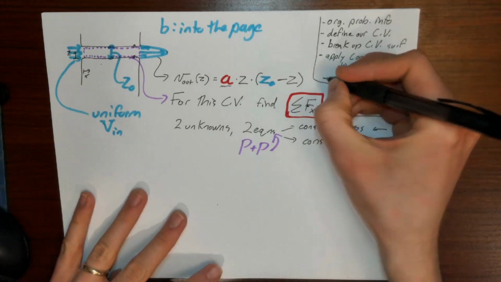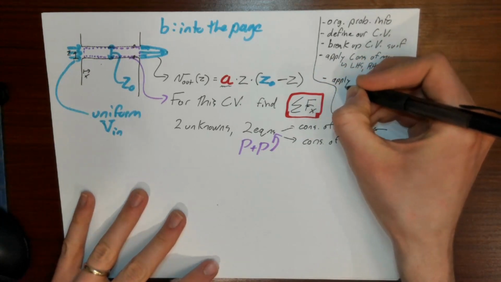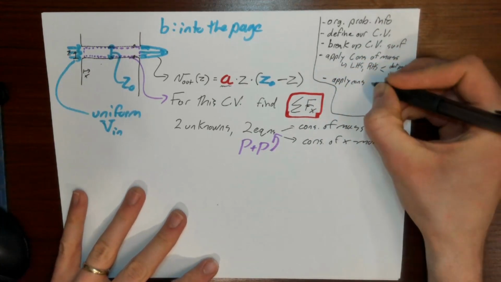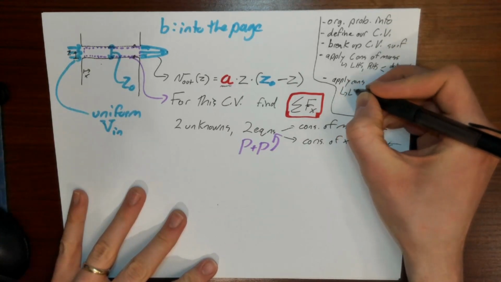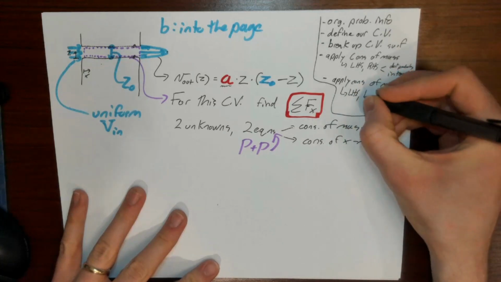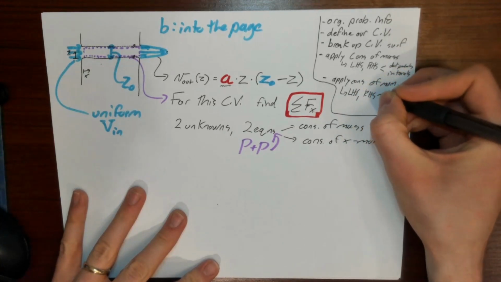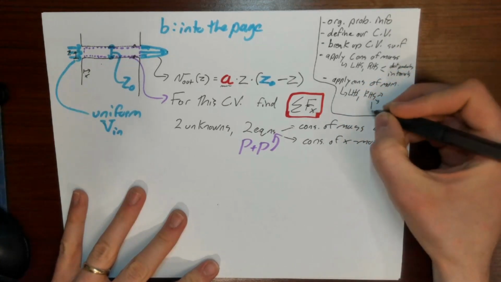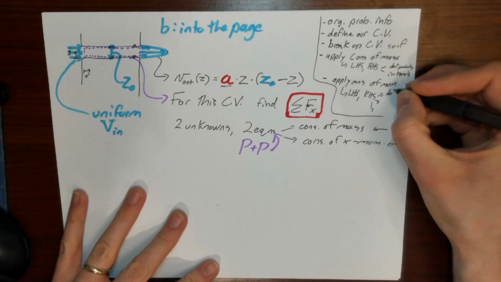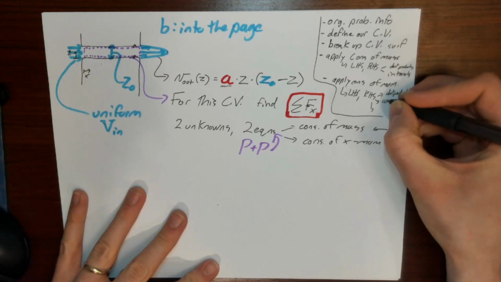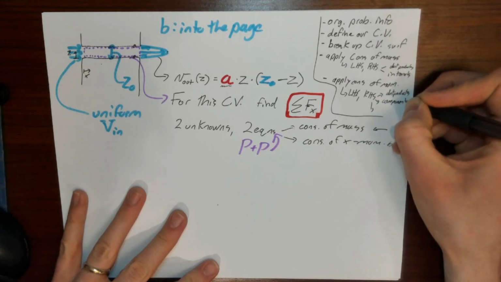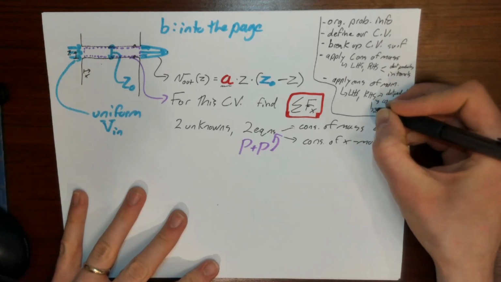And then we're going to apply conservation of momentum, and we'll deal with the left-hand side and also the right-hand side. With the right-hand side we'll do dot products, we'll consider what components, and then we'll do integrals.